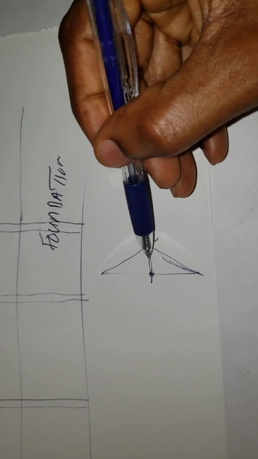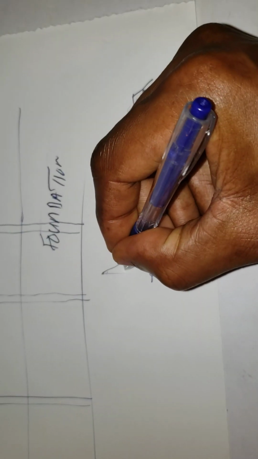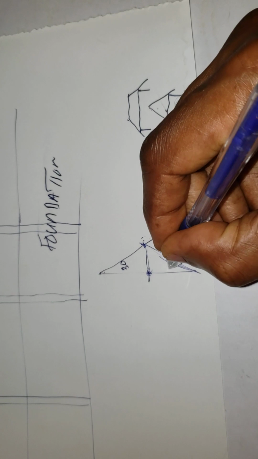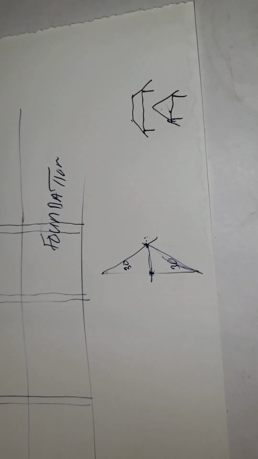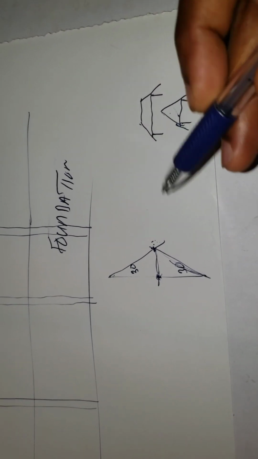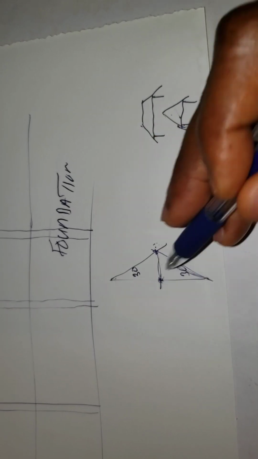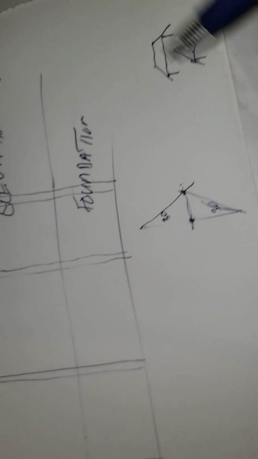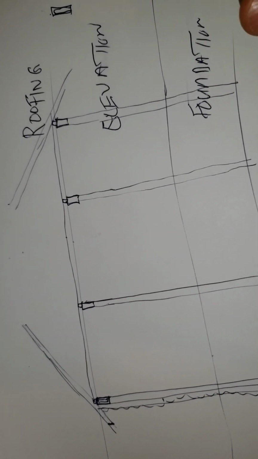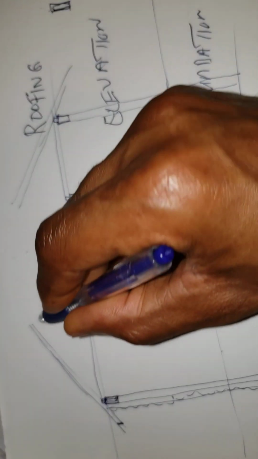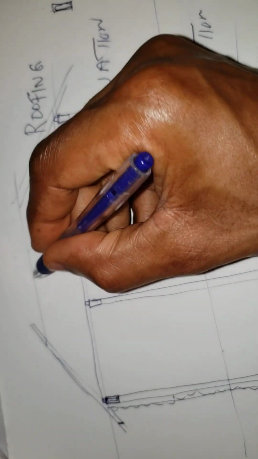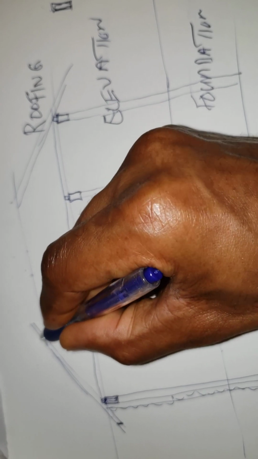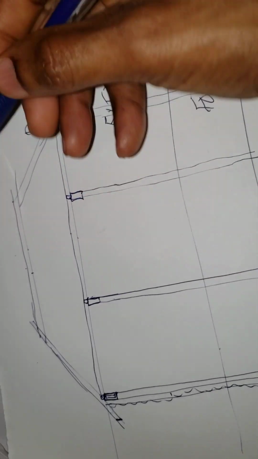And again, we get this distance. This should be at 30 degrees or whatever angle you're giving to draw the pitch at. So assume that this is that much, we draw that to that. Then we offset this to that distance of the rafter. We get that.